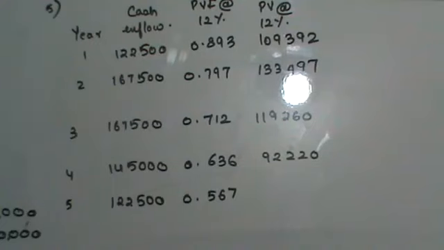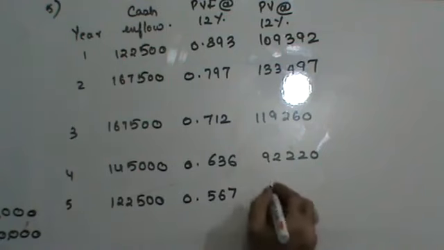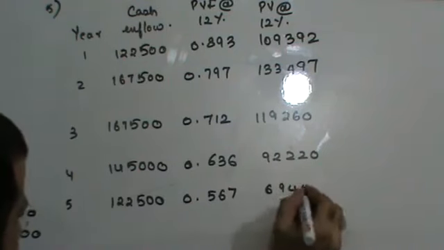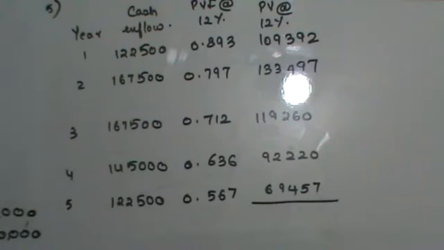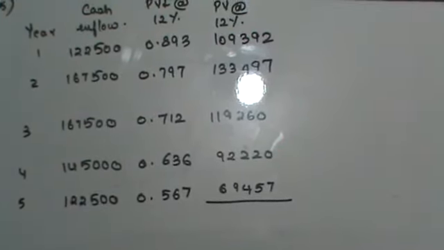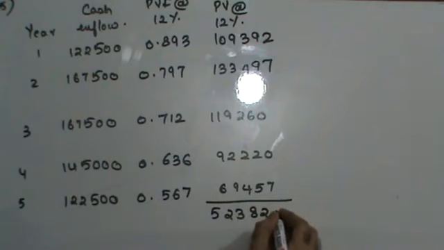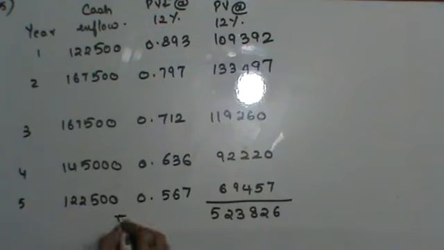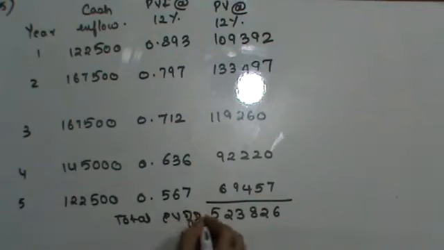And finally 1,22,500 into 0.567 is 69,457. Right? Now when you add all of this, you will get 5,23,826. Right? So this is going to be your total PV. So you found out for discount factor D1, this is total PV of D1.